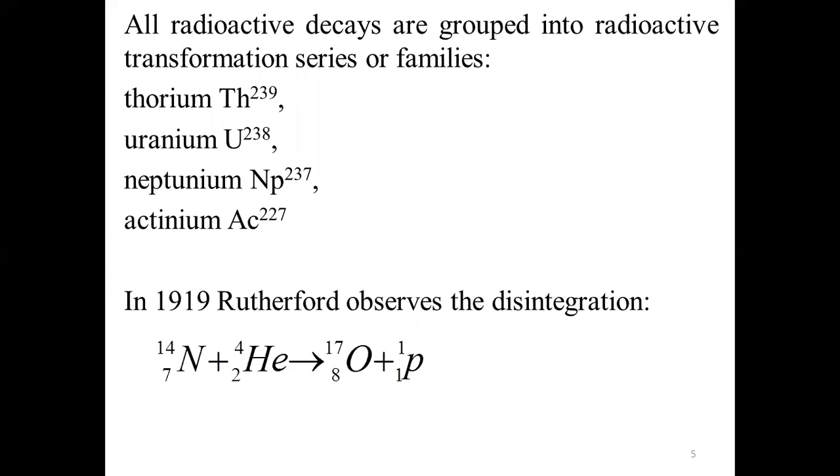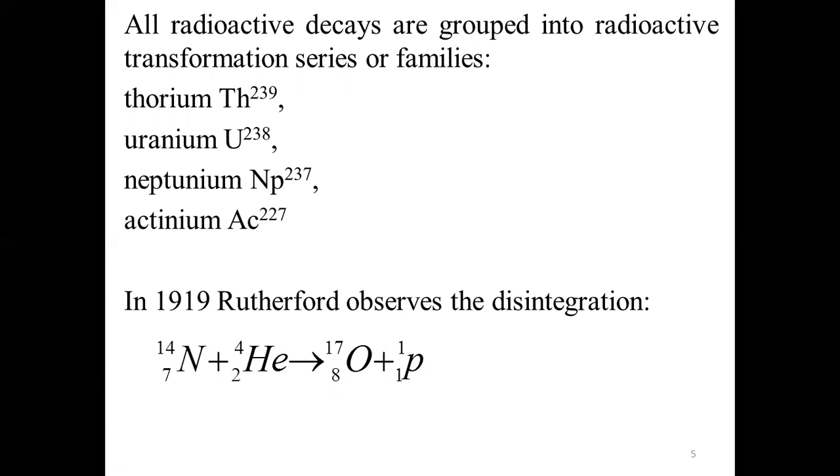All radioactive decays can be grouped into radioactive transformation series or families. So we have such families: thorium, uranium, neptunium, and actinium. In 1919, Rutherford observed the disintegration of nitrogen bombarded by the nucleus of helium and obtained oxygen-17 and a proton, the nucleus of hydrogen.